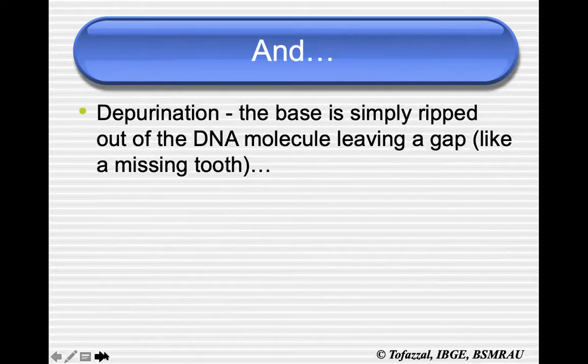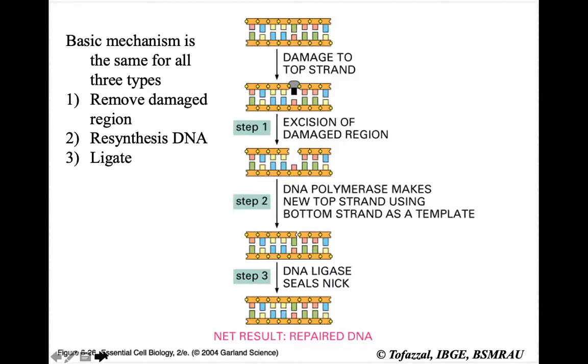So deamination is one of them. Another is depurination. In a purine, the base is simply ripped out of the DNA molecule, leaving a gap like a missing tooth. That is also damage. So lots of damage can take place.